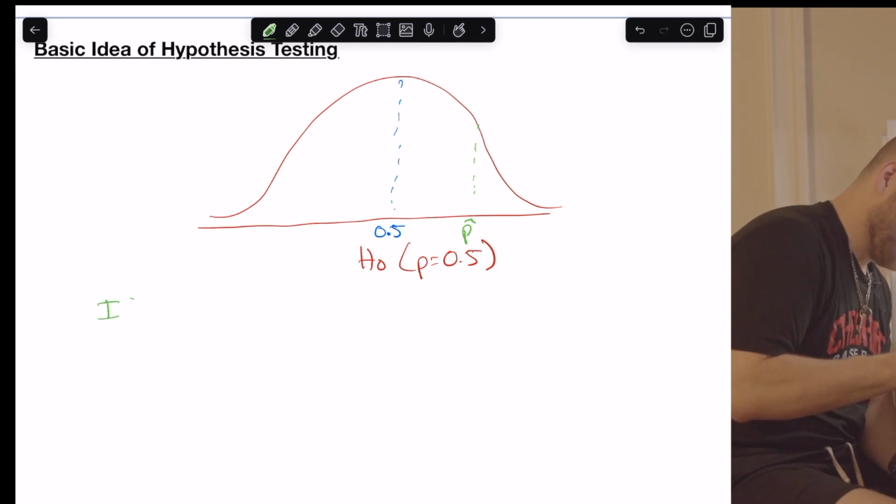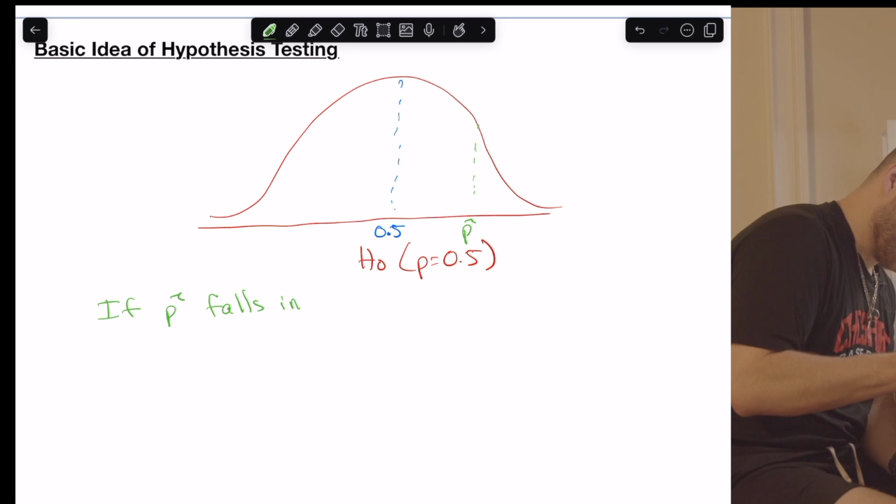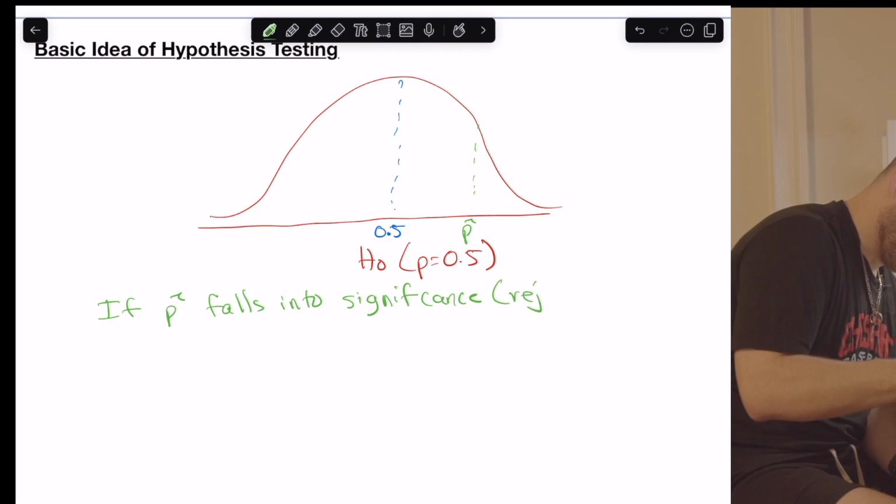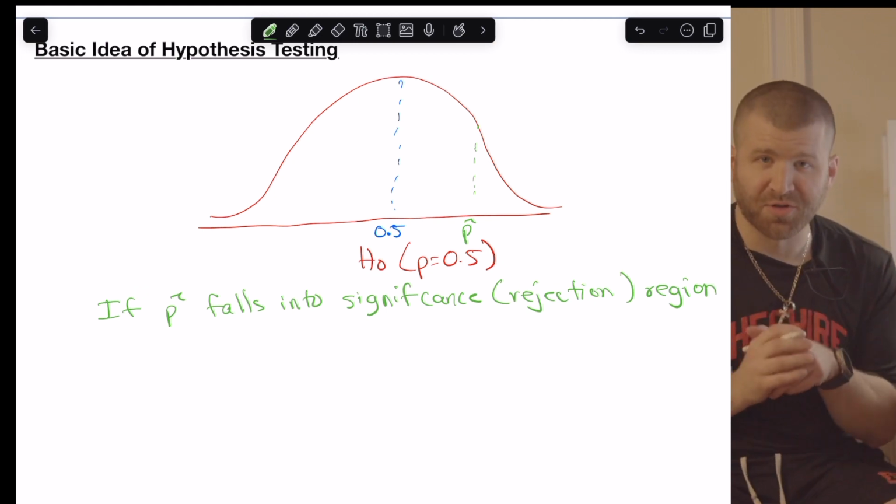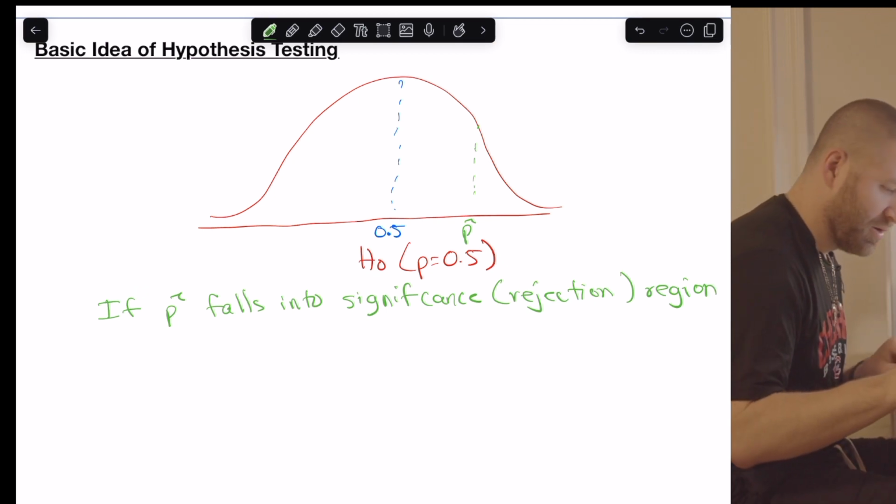So essentially, if p hat falls into our significance region, which is also called a rejection region, which, being totally honest, doesn't sound very supportive, but hey, that's okay, right?